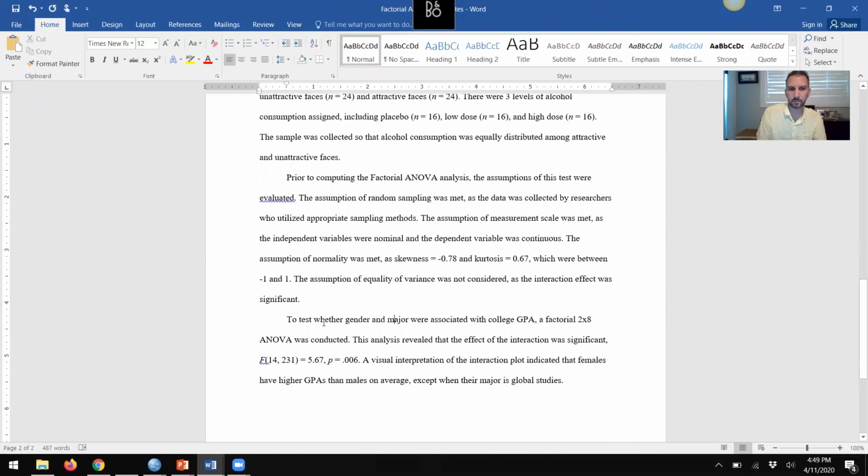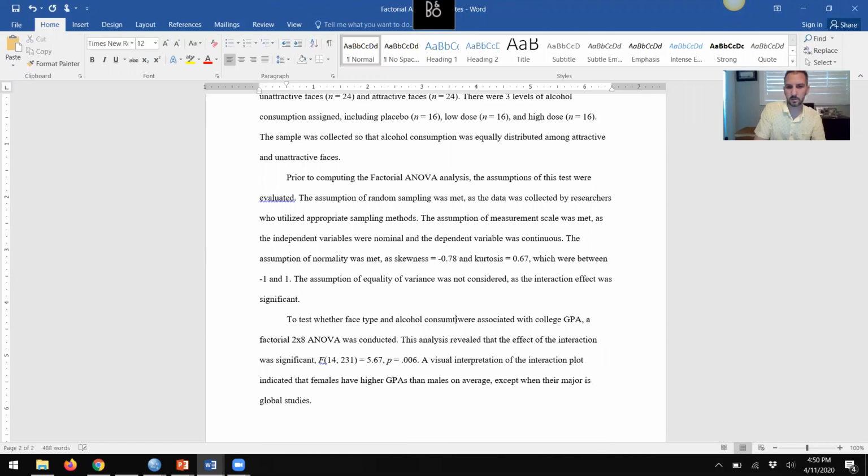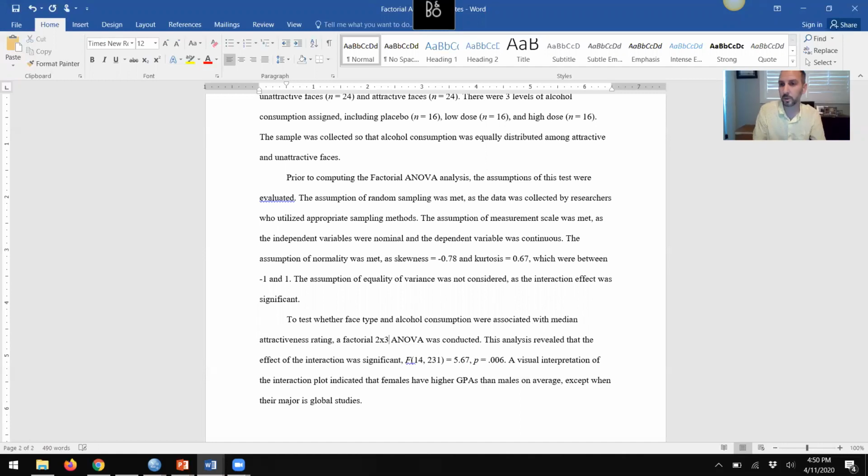So, new paragraph. Okay. To test whether face type and alcohol consumption were associated with median attractiveness rating, a factorial 2 by, well, we said it's not a 2 by 8, it's a 2 by 3.